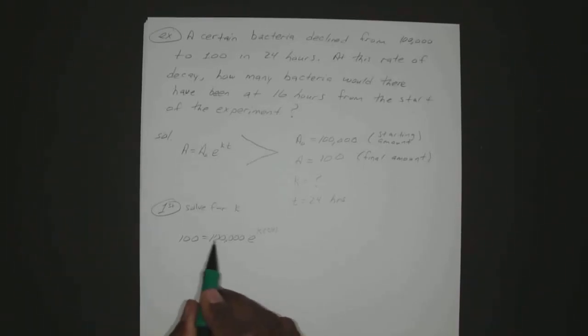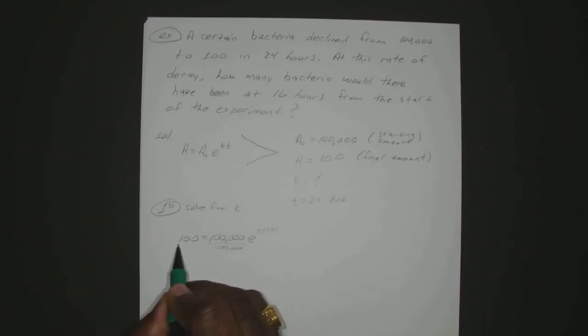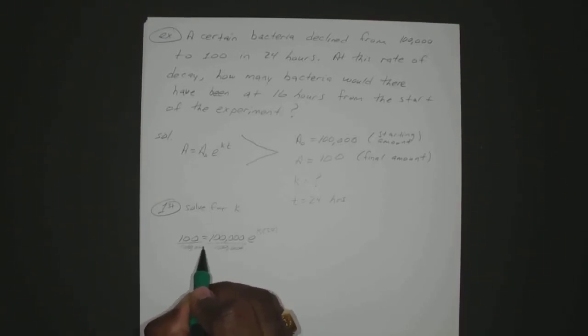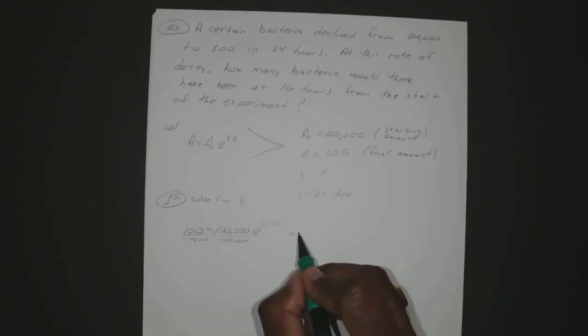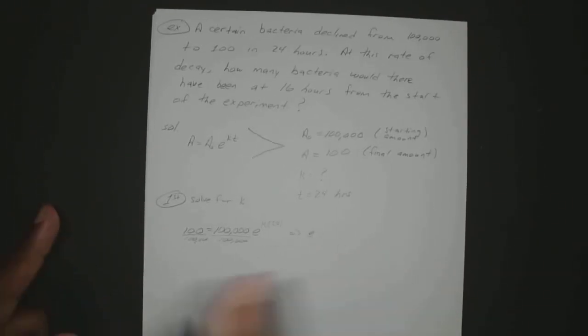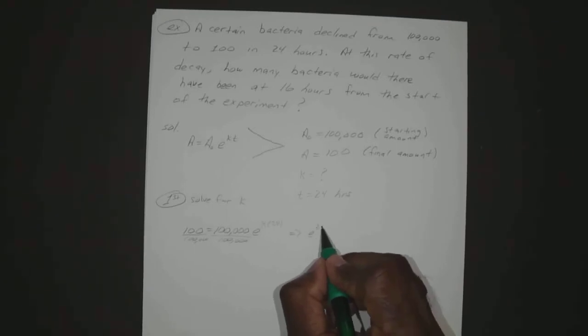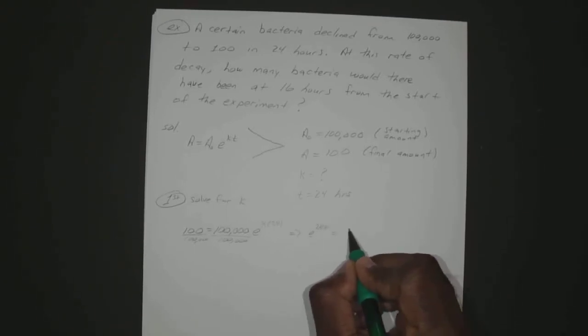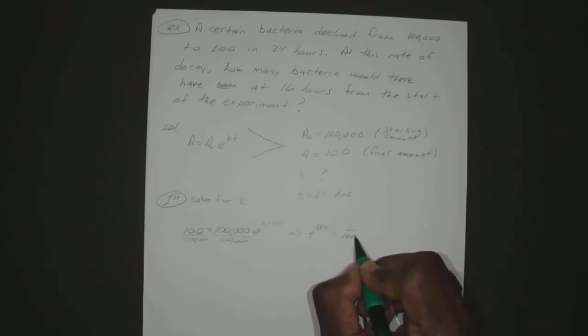If we divide both sides by 100,000, that gives us e to the 24K equals 100 over 100,000, which is just 1 over 1,000.